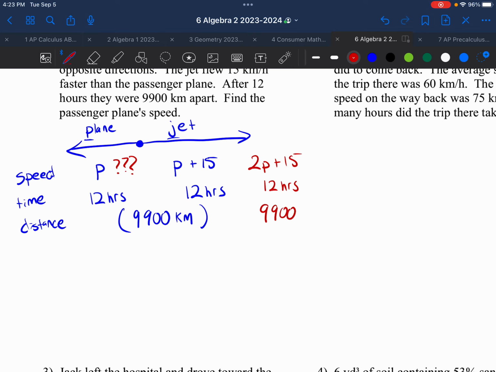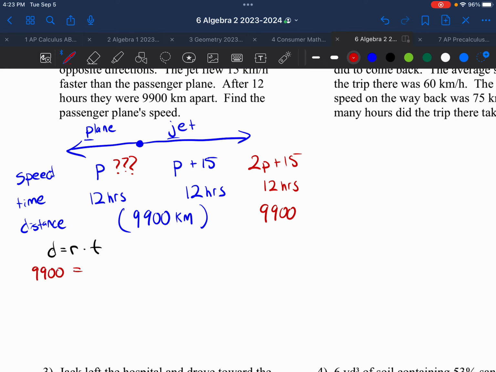All right, we essentially just plug this into our formula. Remember that our general formula is distance equals rate times time. Our distance is 9,900, so 9,900 is equal to the rate, or AKA the speed.